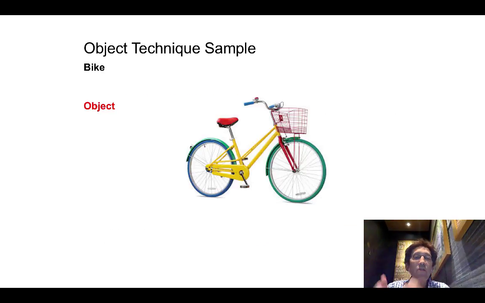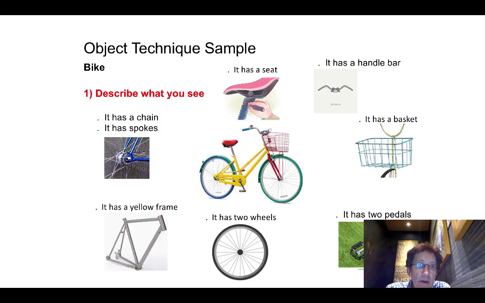Okay, so I just want to show you an example. Look at page 8. We've done the bicycle before, right? Okay, go to page 9. This is how I would describe what I see. Try to just look at the bicycle and describe all the obvious objects that make the bicycle, right?